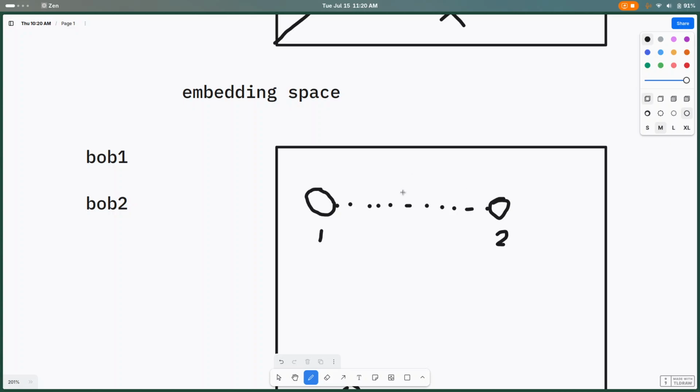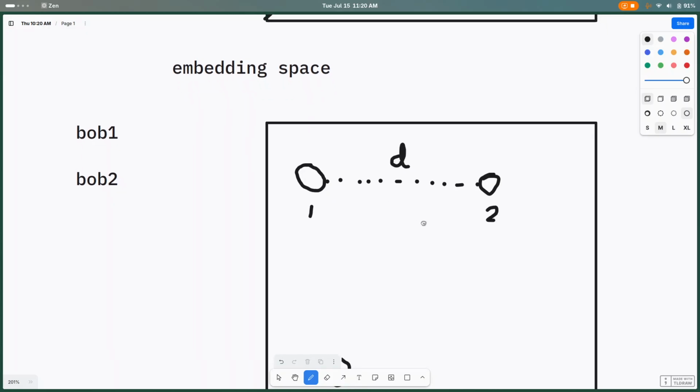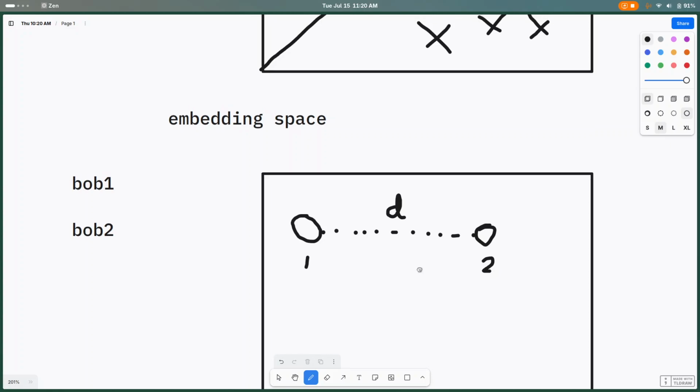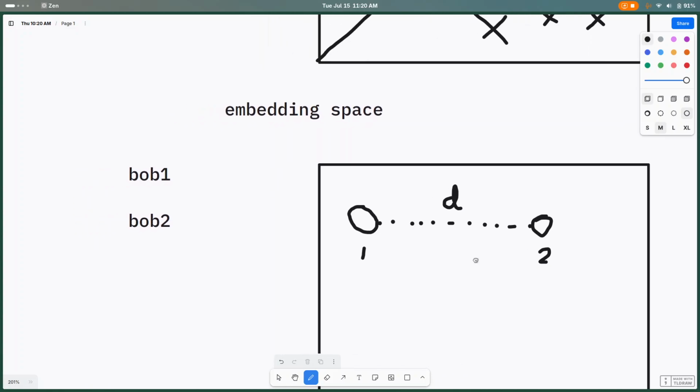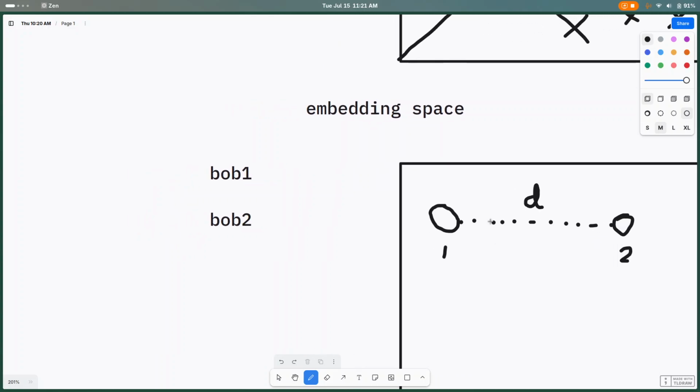But the point is, the distance between these two should be as small as possible. And if we want to represent the idea of a loss, the larger it is, the worse the model is doing. So that is our loss function.